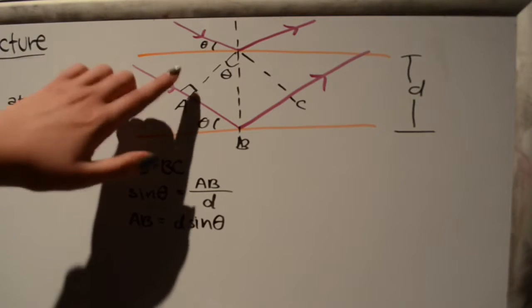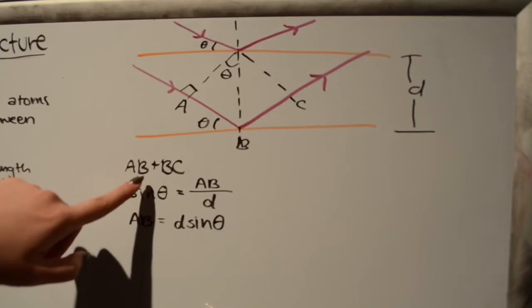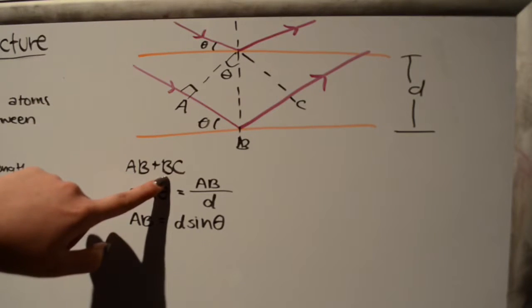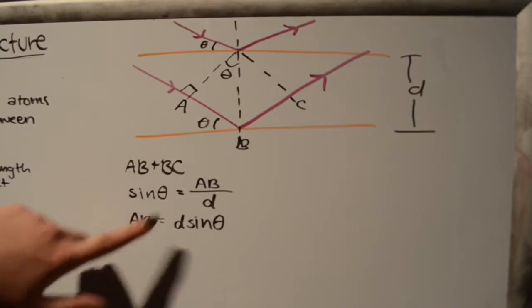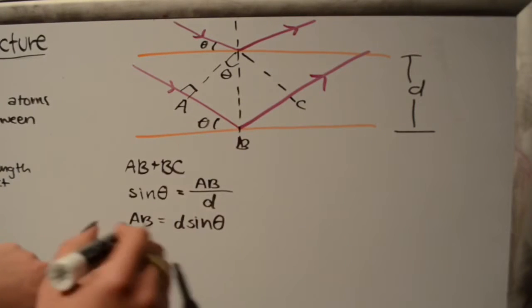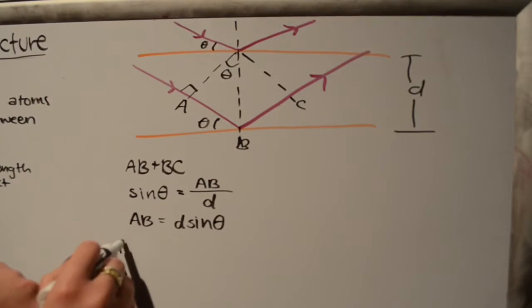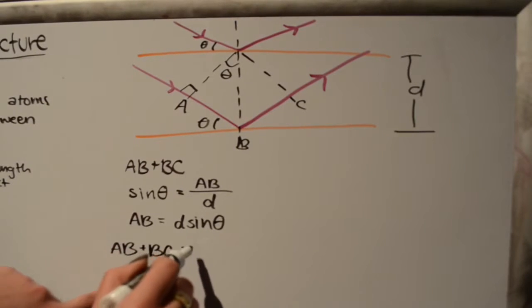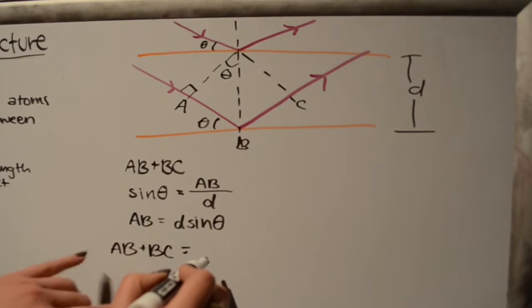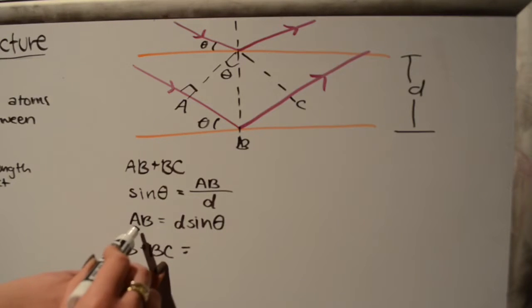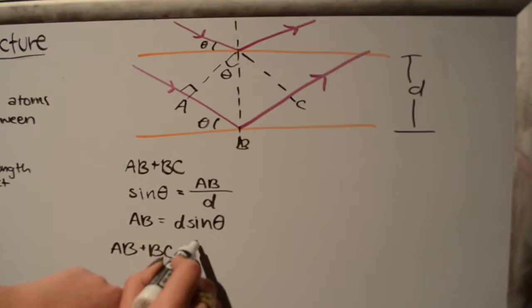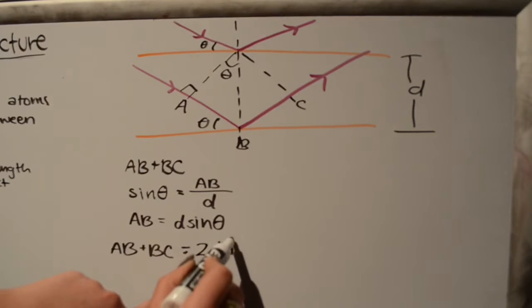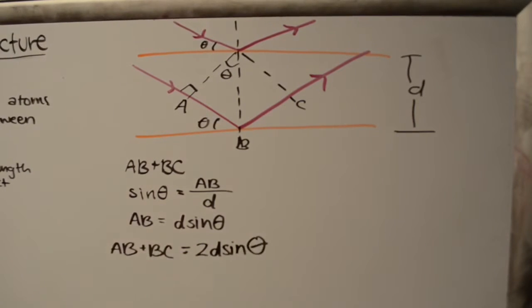Now if we wanted to find the total path length, which would be this AB plus BC, we know that AB and BC are actually the same length. It's the same as saying 2AB, but we'll just write it out here. So if this is actually 2AB, then this turns into 2d sine theta.